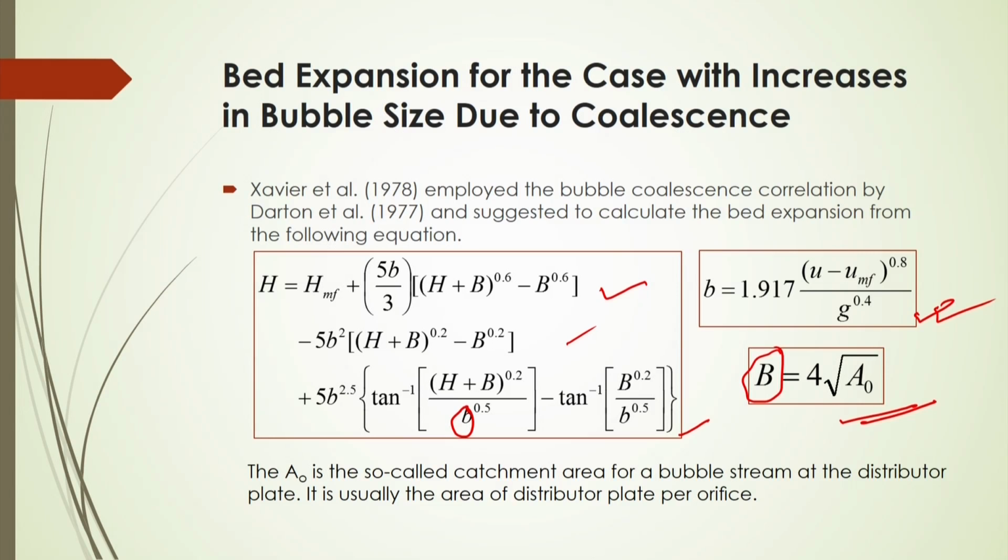Because of which, that catchment area, we have already discussed in the earlier lecture, what should be the catchment area around the distributor plate, and based on which you can calculate what should be the height of the bed in the case of increase in bubble size due to the coalescence.